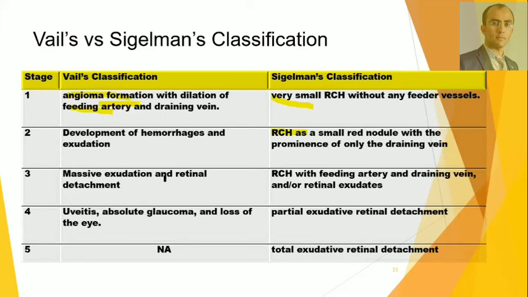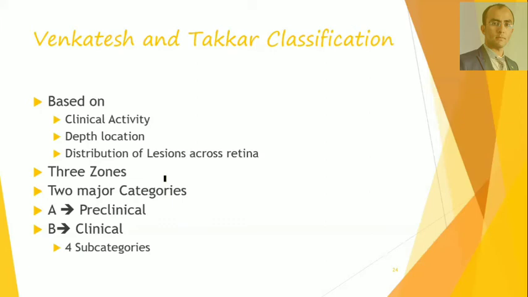So other classification methods have been attempted by several investigators. The latest one, and the one I personally believe is the better classification system, is the scheme developed by Venkatesh and Tucker, which is the recent one.